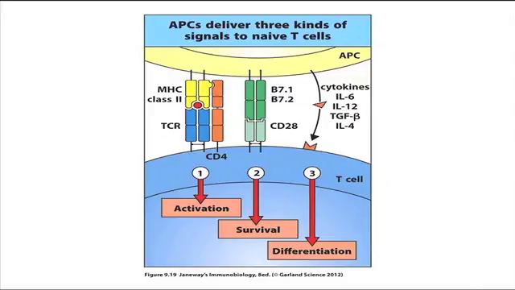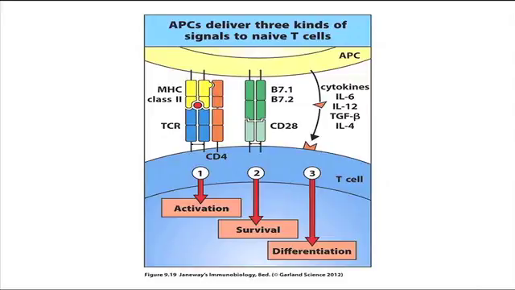T cells have to be able to deal with a wide variety of pathogens, including intracellular bacteria and viruses, which replicate within cells, or extracellular bacteria, or fungi, or protozoal parasites. And a specific type of T cell response is most effective at clearing each one of those pathogens.